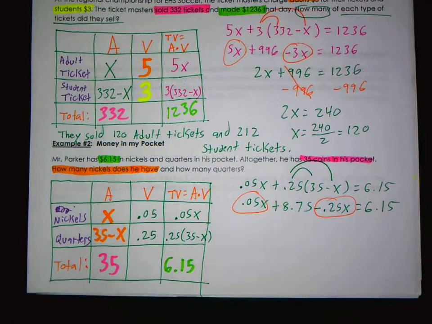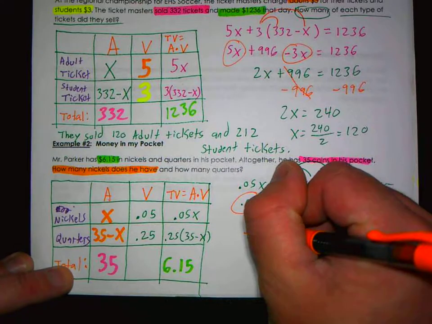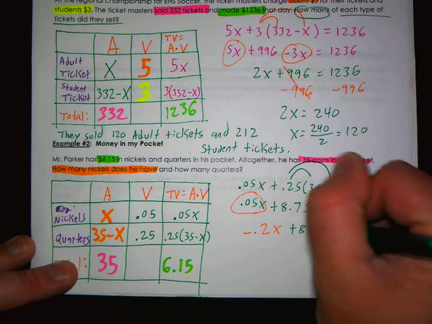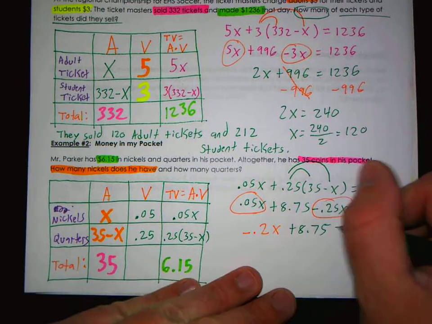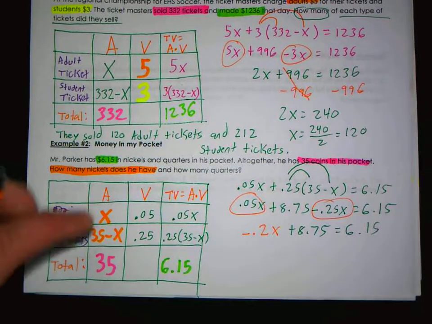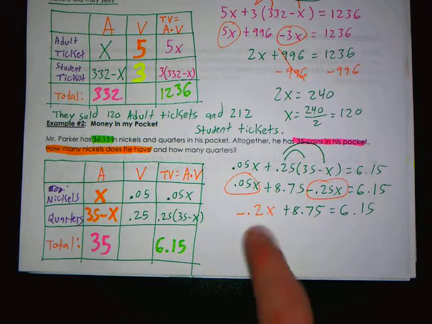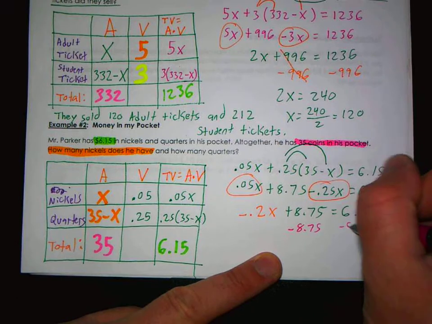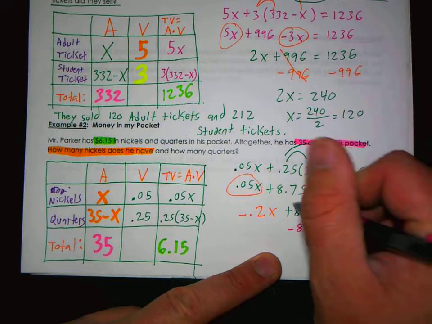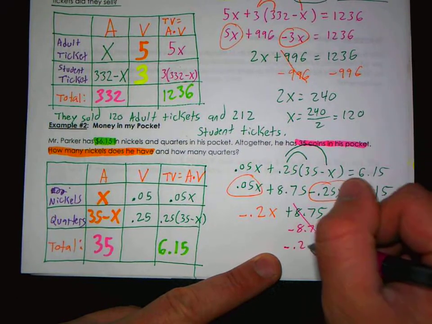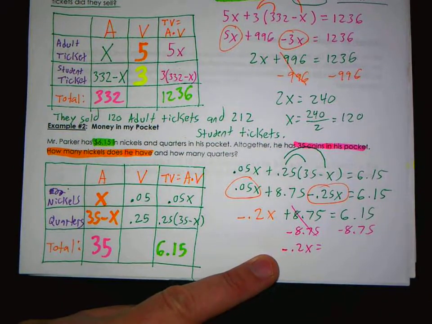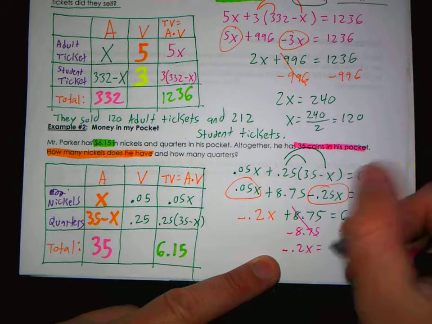If you have a nickel and you take away a quarter, that'd be negative 20 cents. Bring down my 8.75. Trying to get x by itself, take off 8.75 on both sides. And 6.15 minus 8.75 is negative 2.6.